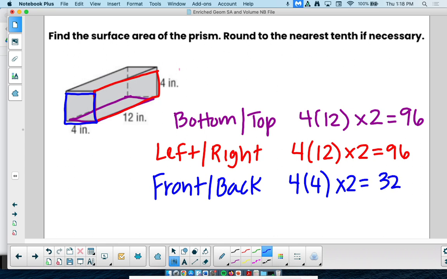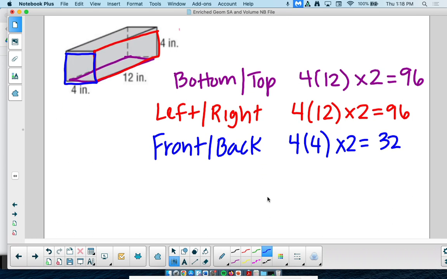So now our total surface area, we just add those 3 numbers up. You guys just let me know what you get. What do you get, Taylor? 224. Are you guys all right with that? Yes. Inches squared because it's area.